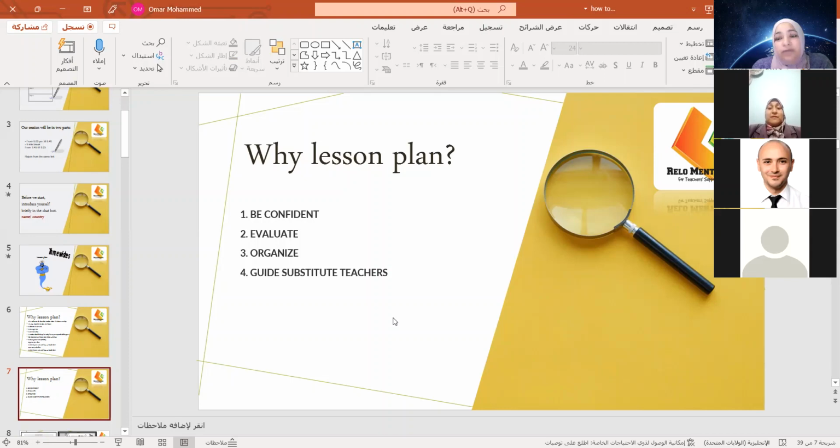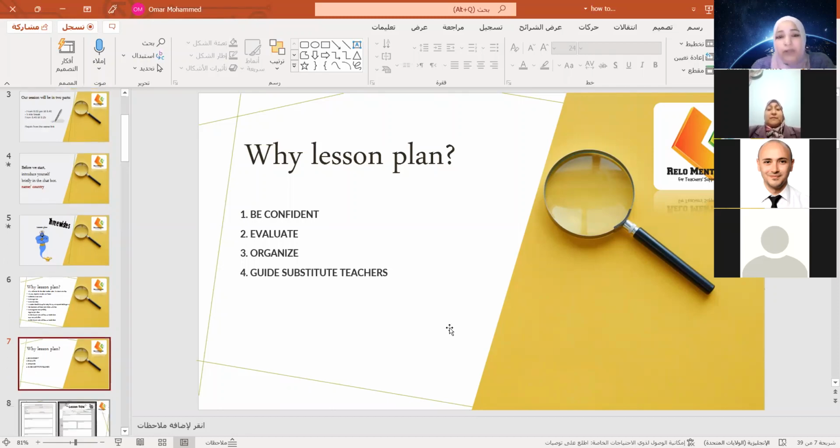Second, to be able to evaluate your work. If you don't have a lesson plan, you don't know what you are doing, so you can't evaluate your work in class. And the third point is to organize, and it's a guide, of course, for substitute teachers.